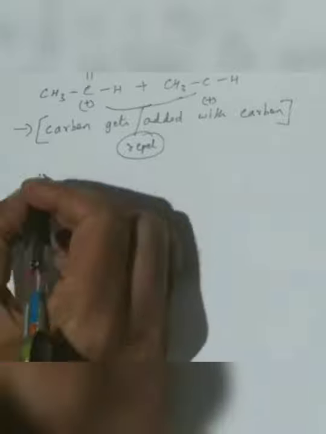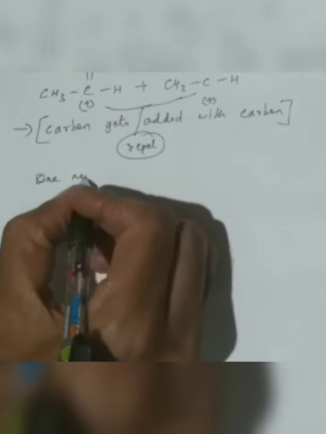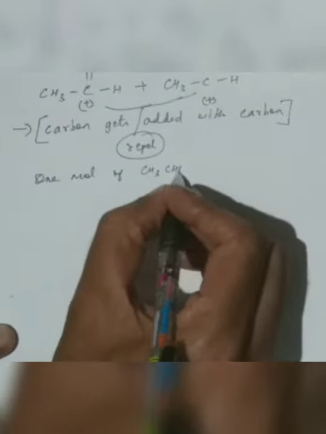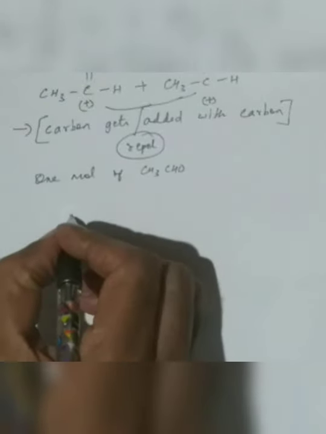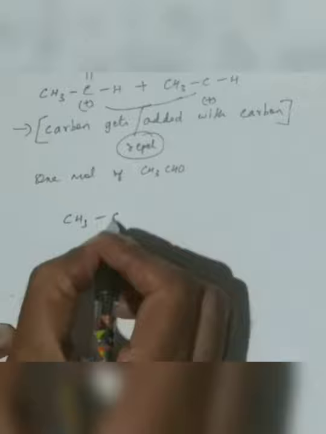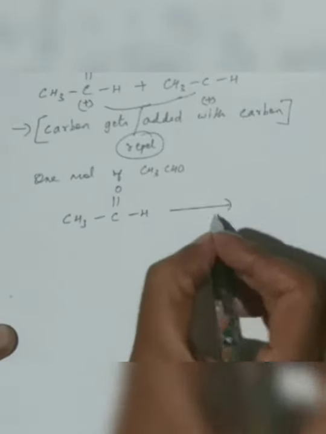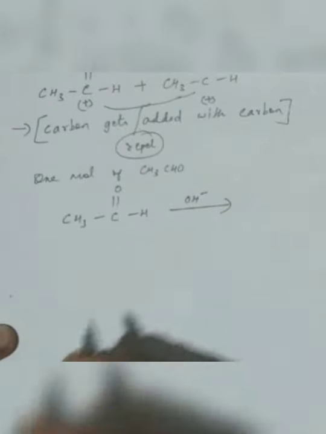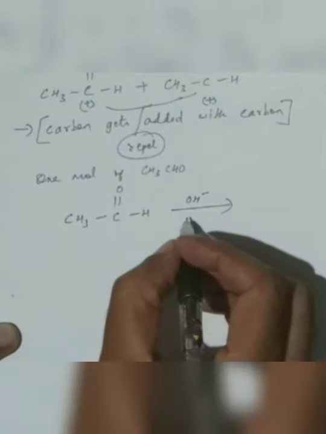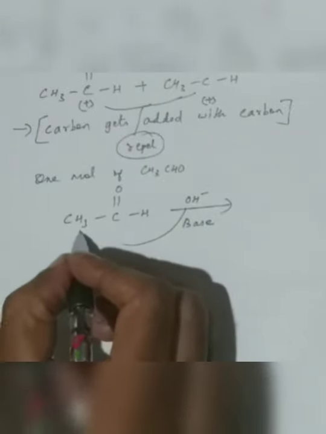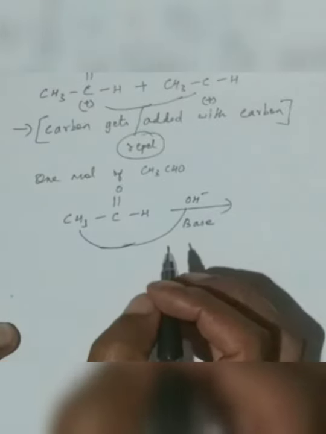What we will do is take 1 mole of acetaldehyde, CH3CHO, CH3, C double bond O, H, and treat it with a base. When I treat with the base, the base will pull a hydrogen from here.